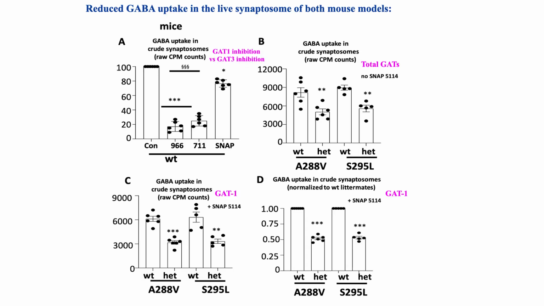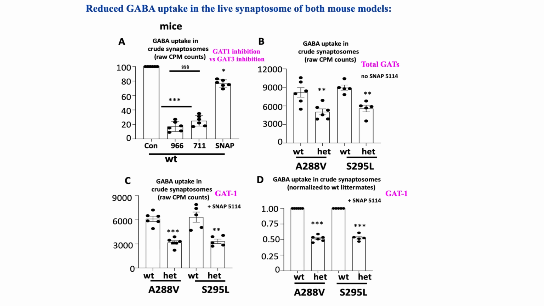And then we also look at the functionality of the GABA transporter. So we take a whole forebrain, we remove the cerebellum, and then we isolate a synaptosome. We look at how much function remains, because you wonder what the function level is. So first we look at wild type, the control, untreated, and then we also treat with C966, and 7-1 is a GAT1 inhibitor, specifically blocking GAT1.